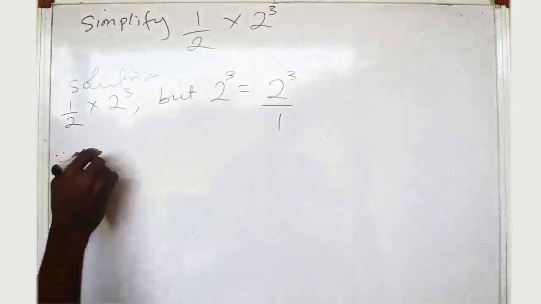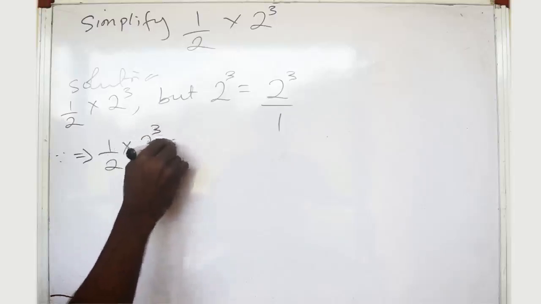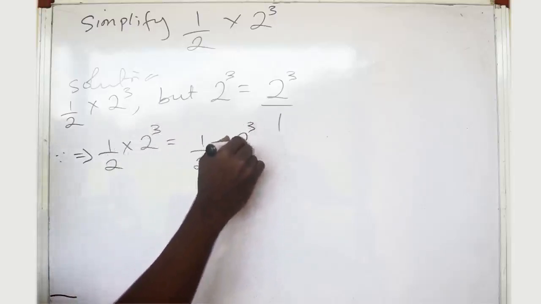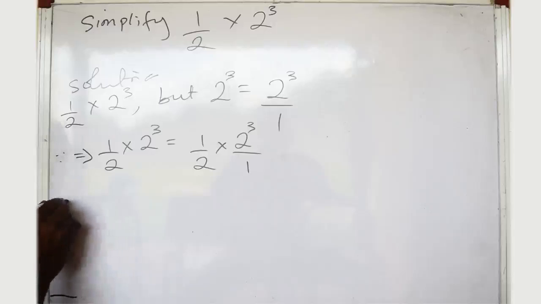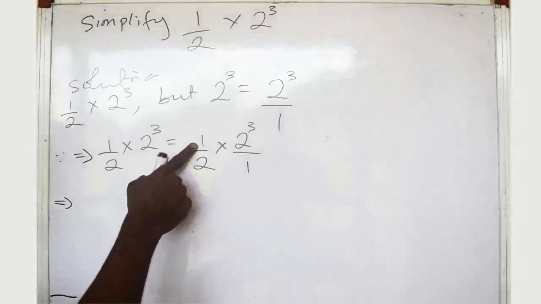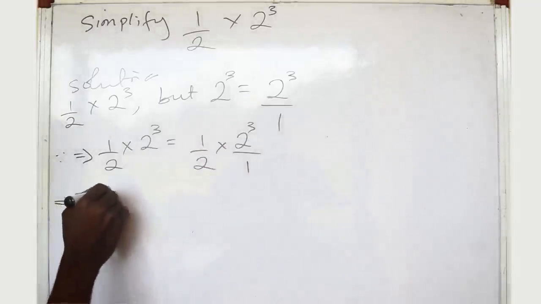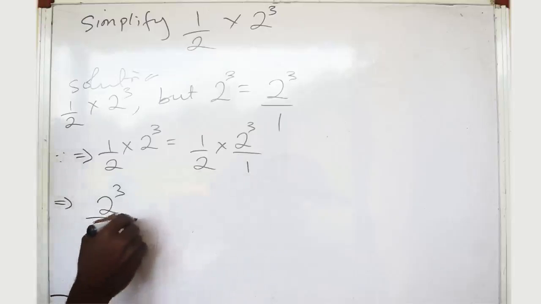So 1 over 2 times 2 raised to the power 3 will be the same thing as 1 over 2 times 2 raised to the power 3 all divided by 1. So when you get this, take the 1 multiplied by this: 1 times 2 raised to the power 3 is 2 raised to the power 3, all divided by 2 times 1, which is 2.